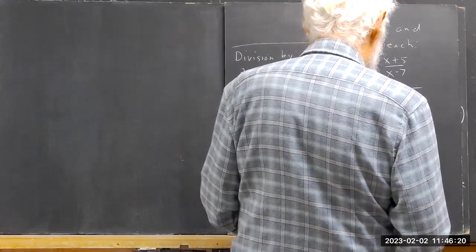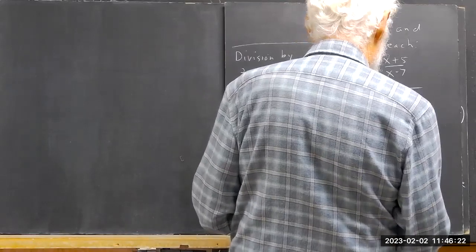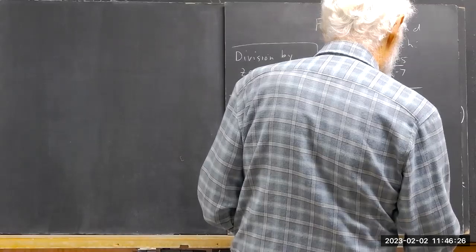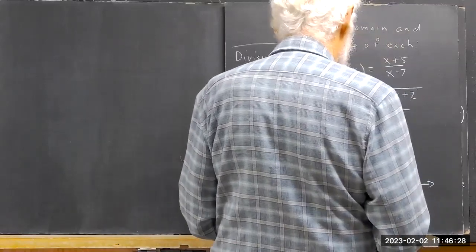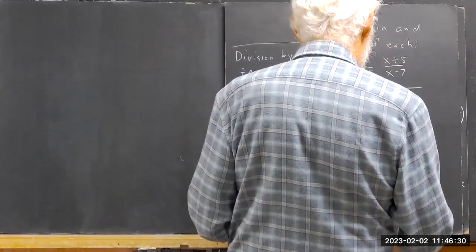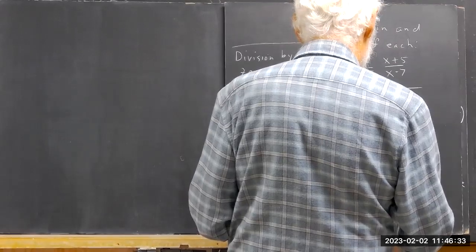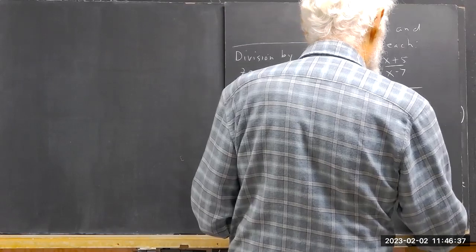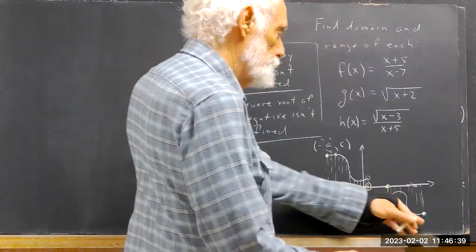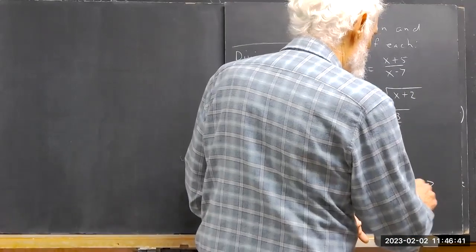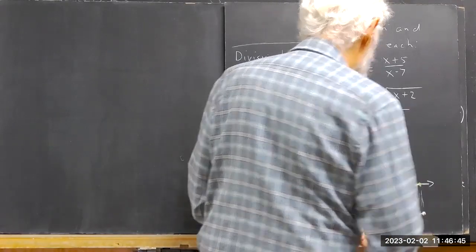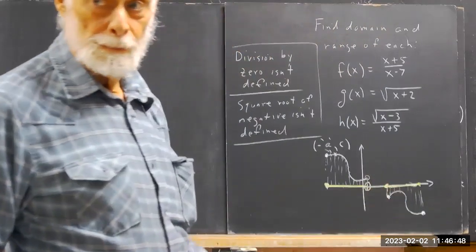So over here, I'll put closed dots in both of these. So this point is included, and this point here is included in the domain, and every point in between. So there's my domain.